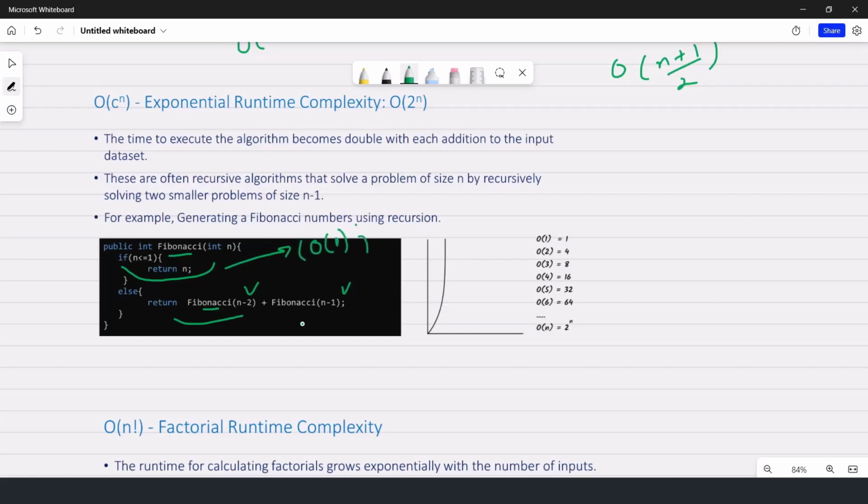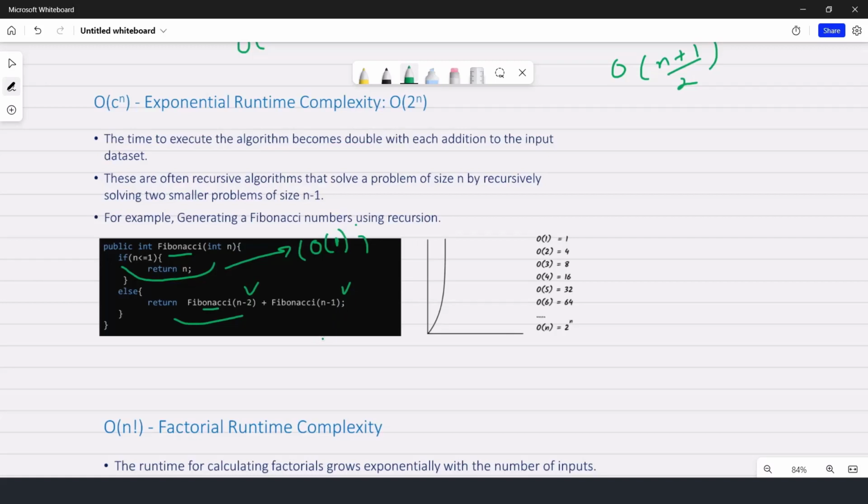All right, let's analyze this part. In the recursive case, in the else part, that is n is greater than 1, the function makes two recursive calls, Fibonacci of n minus 2 and Fibonacci of n minus 1. These recursive calls create a binary tree like structure where each level of the tree represents a recursive call.